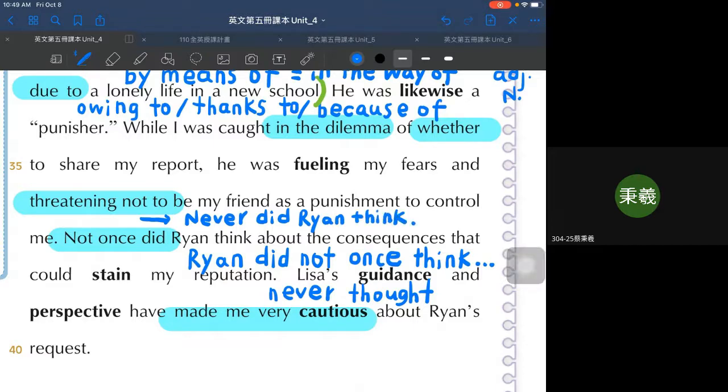So you can also make this one in this way. So not once, as we know, which means never. So you can also say never did Ryan think about the consequences that could stain my reputation.